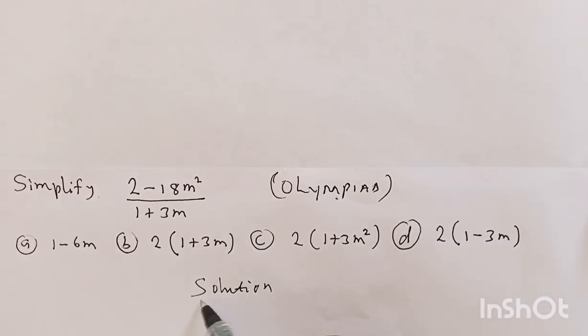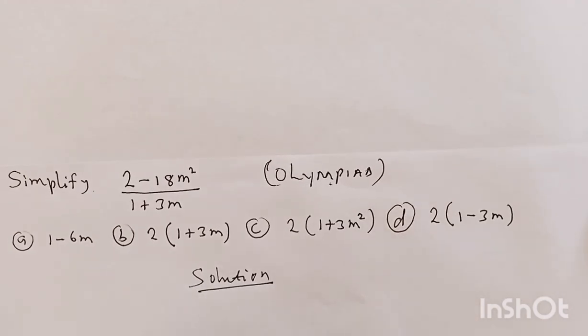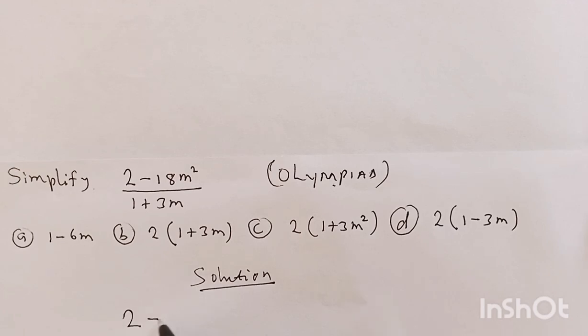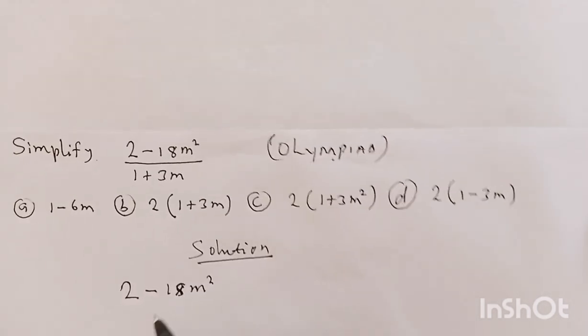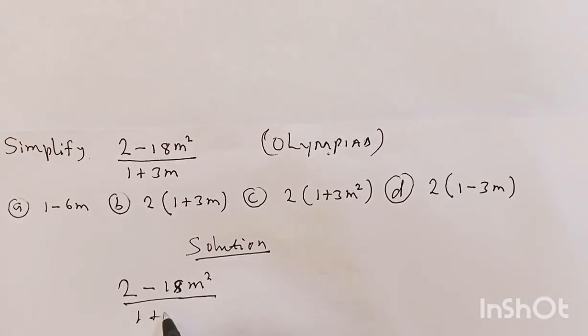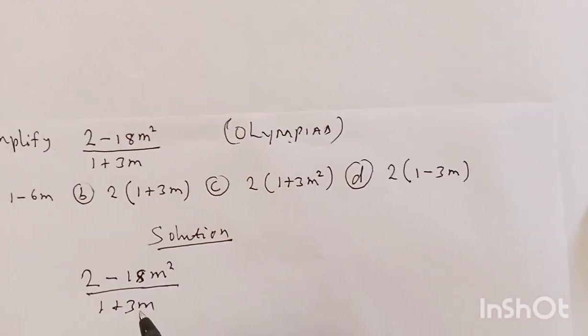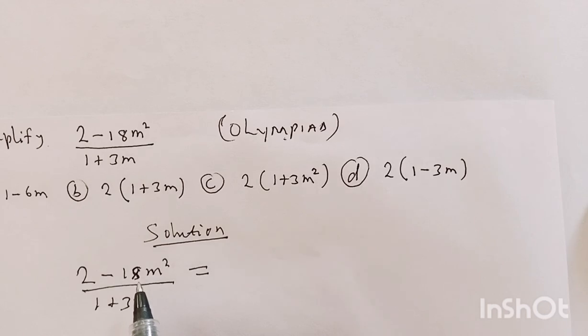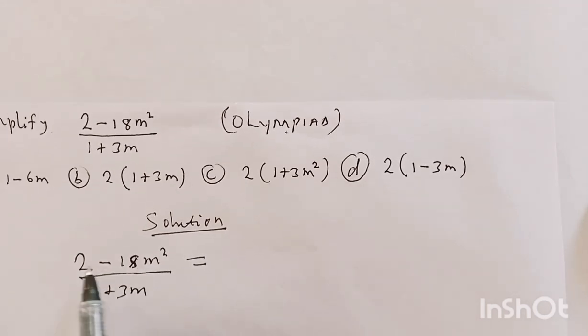Solution. Let us rewrite the expression. We have 2 minus 18m square, everything over 1 plus 3m. You can factorize the numerator here.